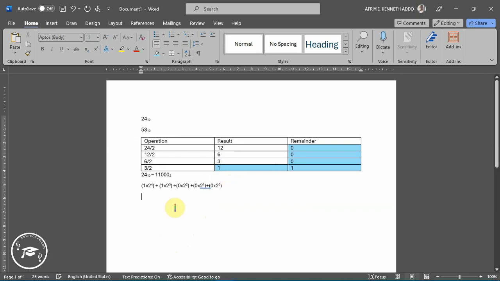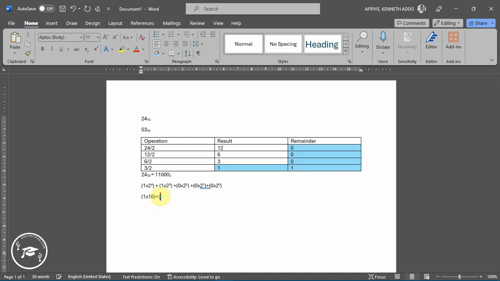So now we are going to solve this as we are supposed to. So 2 exponent 4, we will get 2 times 2, which is 4. Multiplied by another 2, which is 8, then multiplied by 2 again, which is 16.